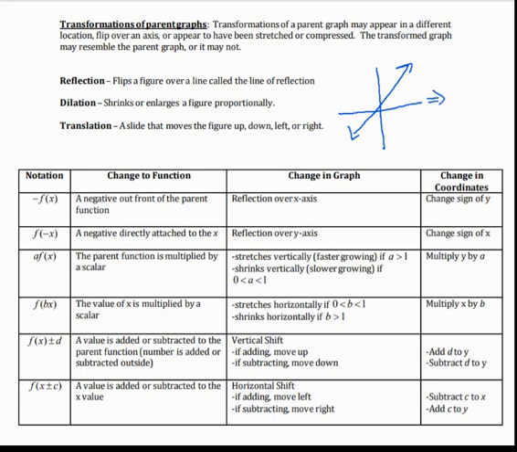If I put a negative in front of the function, directly affecting the x, what could happen is that it flips it over the y-axis. And now it would look something like this. Okay? All right, let's look at our next scenario.